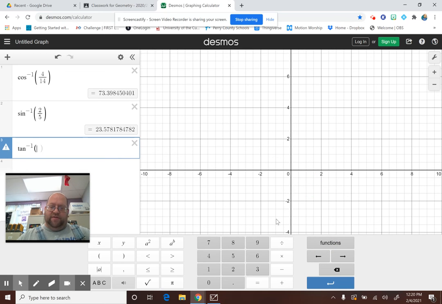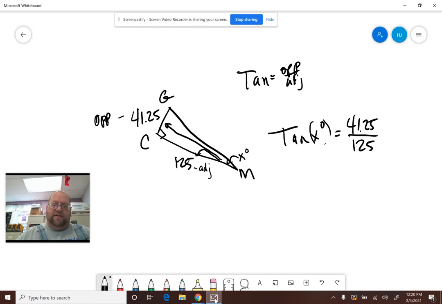Inverse tangent, 41.25 divided by 125. And you notice my angle measure that it comes up with automatically is in fact 18. So x equals 18 degrees.